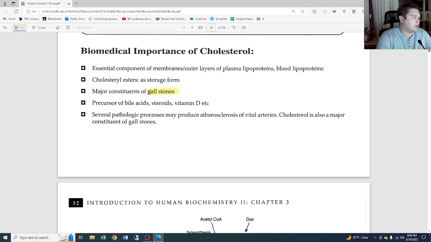Gallstones, also known as cholecystitis, is going to be the stone formation that we get in the gallbladder, and sometimes they typically will require some sort of surgery to remove them. They can be very, very painful. We'll learn more about that later on down the road, about gallstones and the gallbladder and kind of that presentation. You'll learn that in other courses.